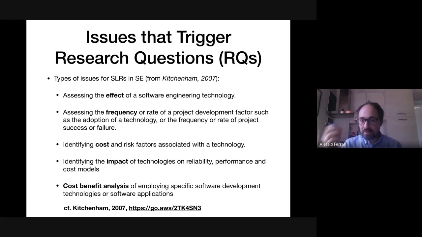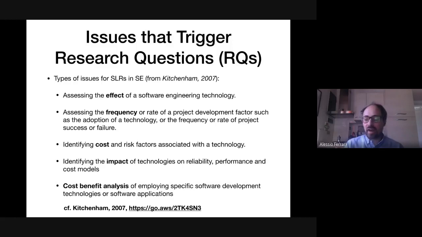And this is the question that I want to answer with my literature review. Or I may want to assess the frequency or rate of a project development factor, such as the adoption of a technology, or the frequency rate of a process success or failure.